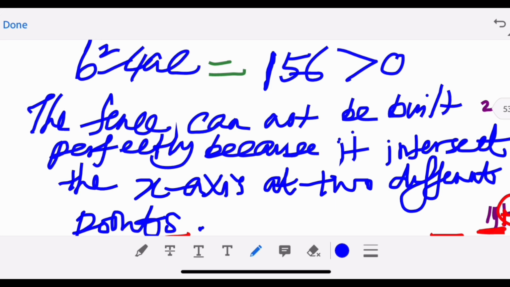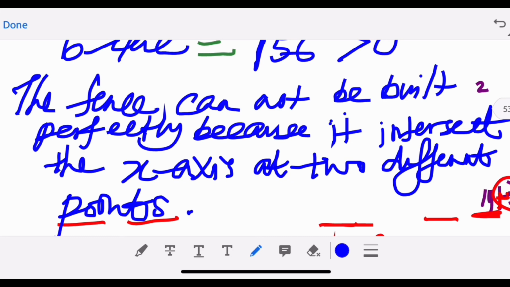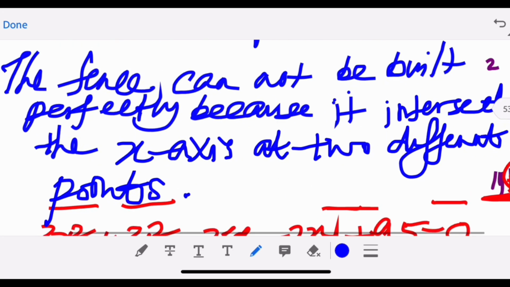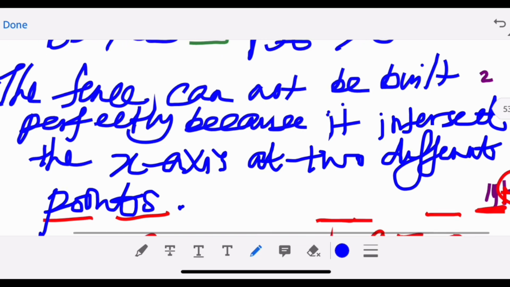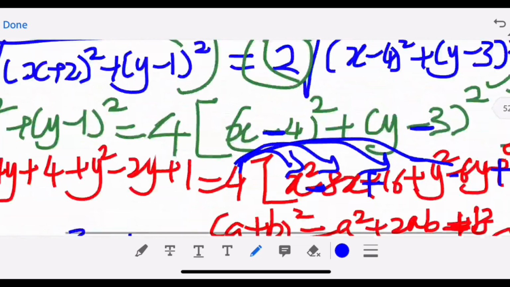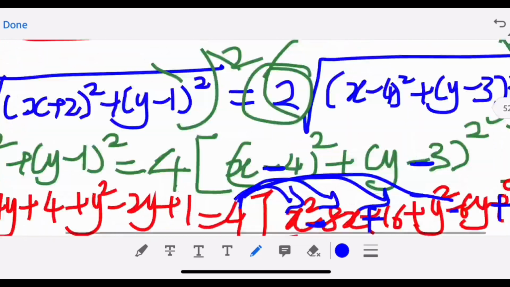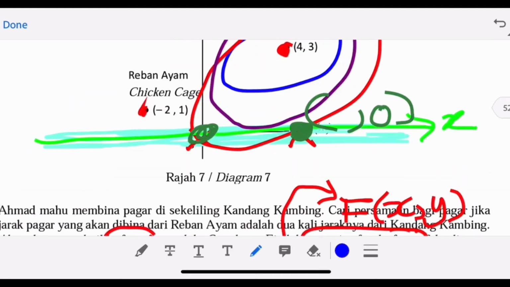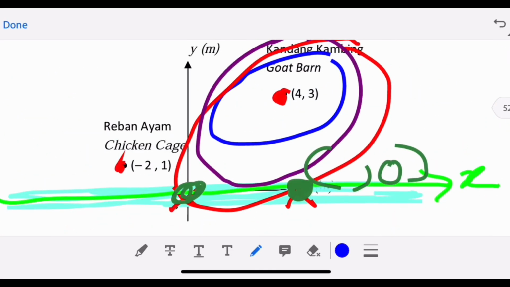So for the case whereby b squared minus 4ac is more than 0 or equal to 0, the fence cannot be built perfectly because if equal to 0, it will touch, and if more than 0, it will intersect the x-axis. But the x-axis is a river. So how to build the fence on the river? You just imagine that it's impossible, right?